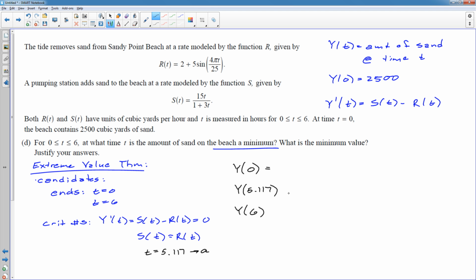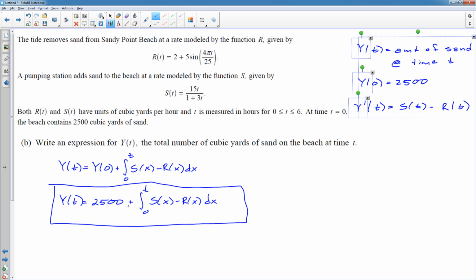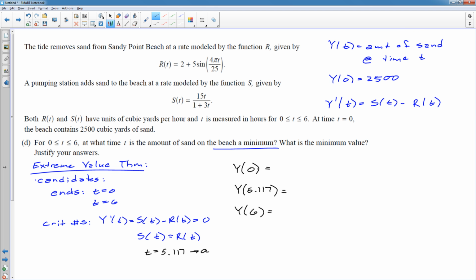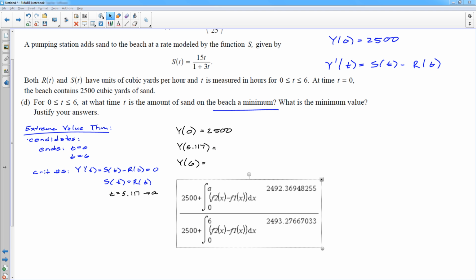The way we find those amounts is we go back to the function we came up with in part B, and we plug in our numbers. Now, 0 was given. We know the initial amount was 2,500, so we don't have to plug that one in. But I do need to plug in 5.117 and 6, so let's plug those in the calculator. All right, and there are the values for those two points in time.